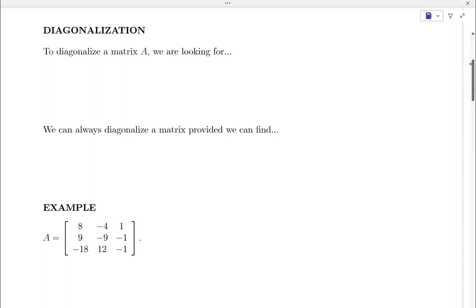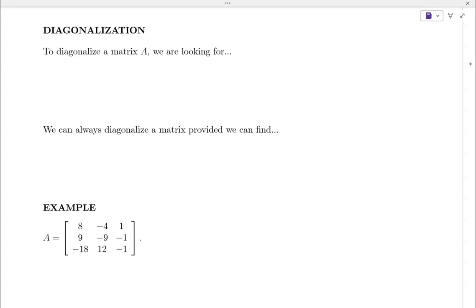But the idea here is to think about what we just talked about in that one result where I said that if you raise a matrix to higher and higher powers, you get higher and higher powers of the eigenvalue, right? But the eigenvector stays the same, right?